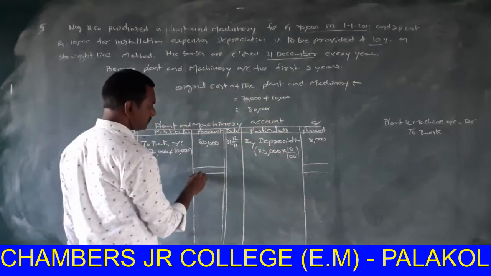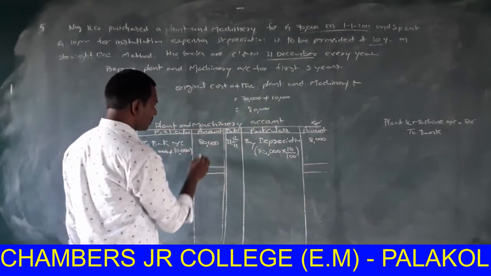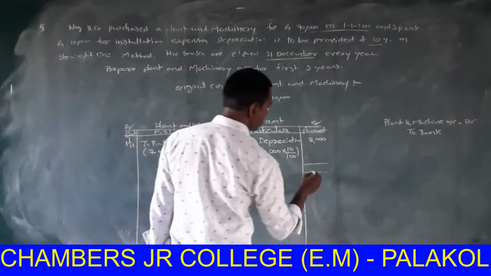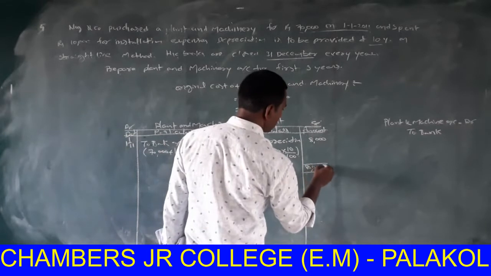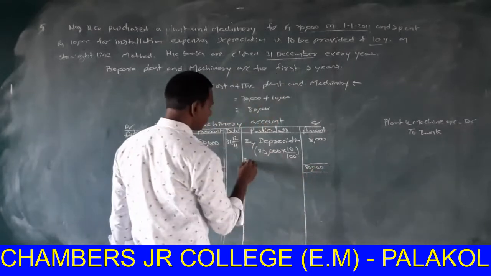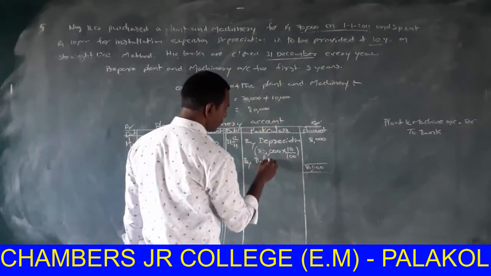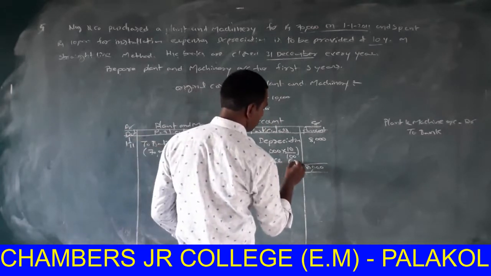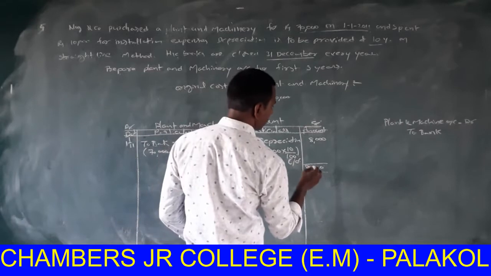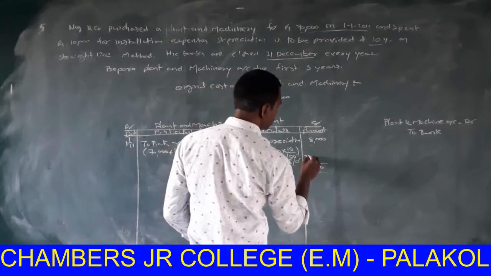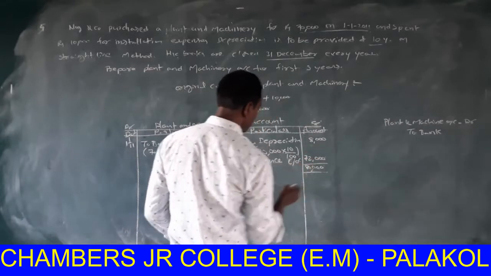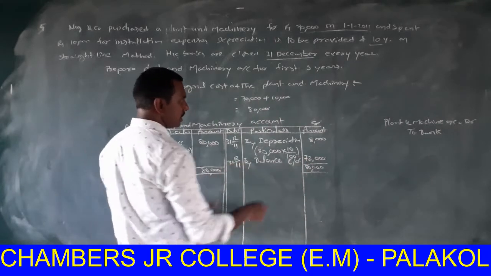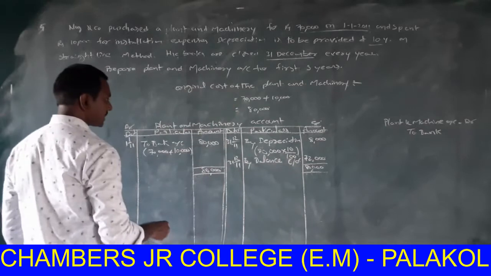Take the total on the debit side, 80,000. The balance carried down is 80,000 minus 8,000, 72,000, on 31/12/2011.